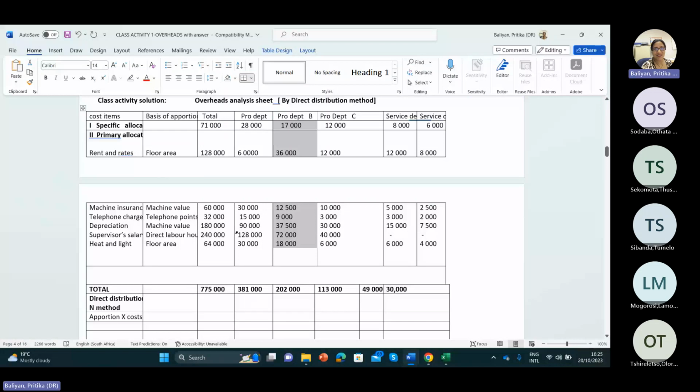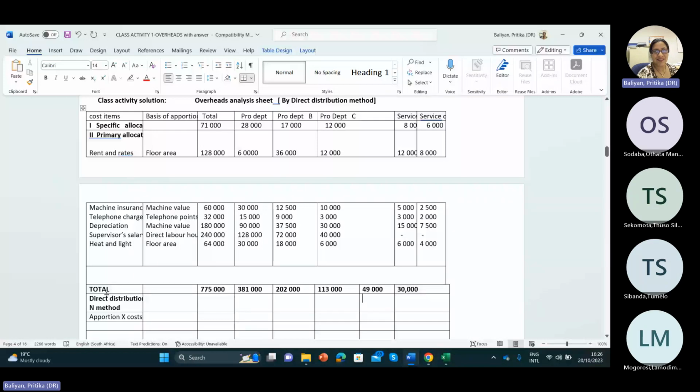For department A, the total cost is 381,000. For department B, 202,000. Department C, 113,000. And the service department X is 49,000. Service department Y gets 30,000. Now we are done with step 1 and step 2 of overhead accounting. Then we go for step 3, which is known as secondary allocation.